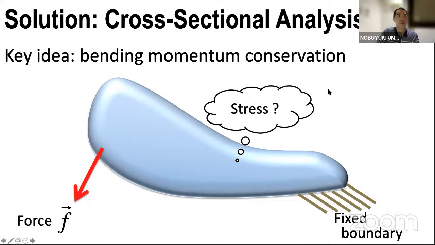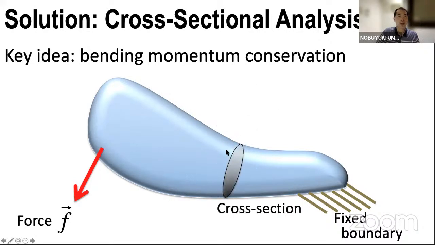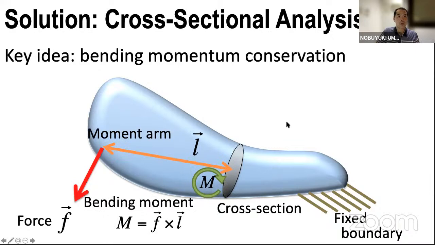The idea here is cross-sectional analysis, a structure analysis method we came up with using cross-sections. The key idea is bending moment conservation. For example, in this beam-like shape, consider the force applied on the left-hand side and a fixed boundary on the right-hand side. To know the stress in the middle, we compute a cross-section where we want to know the stress, and then we compute the bending moment.